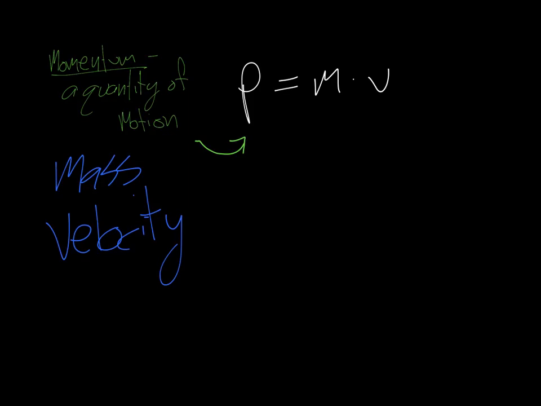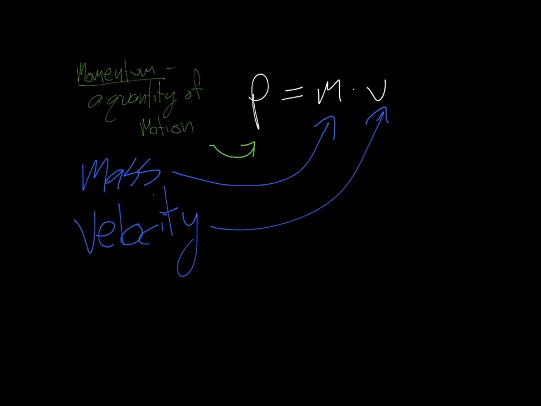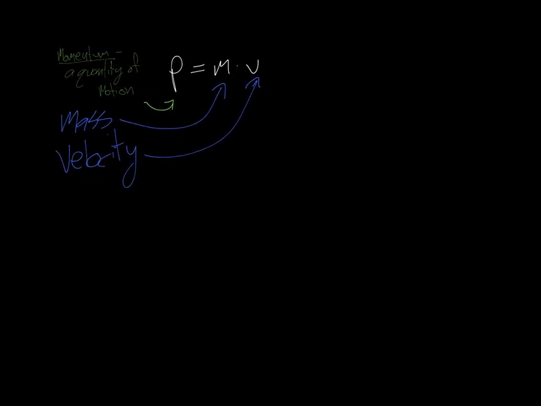I don't really understand why we use a P. I've never actually looked that up, but of course mass is the m and velocity is the v. So P is mass times velocity. The faster you're traveling, the more momentum you have. The bigger you are, the more momentum you have.